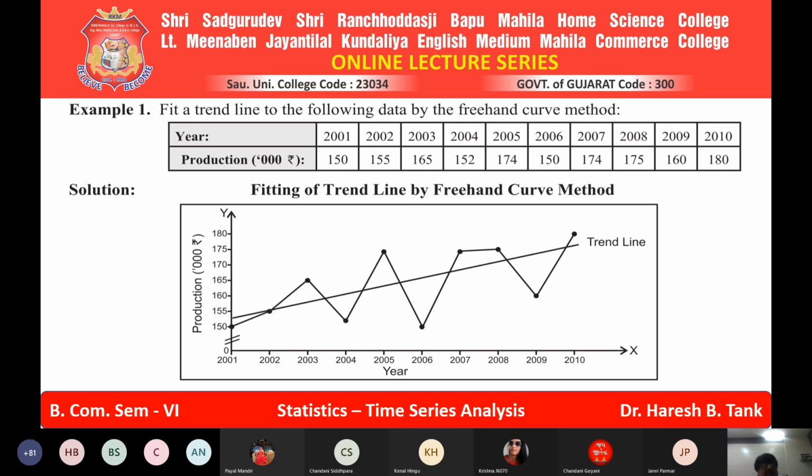You are not getting this trend numerically. Here what you can observe is simply the direction. Direction means, is it upward, is it downward, or is it consistent? These are the only three possibilities while observing trend through the graphical method.